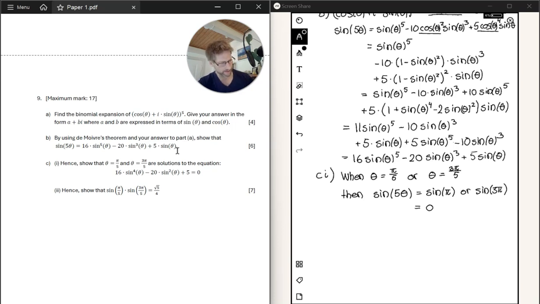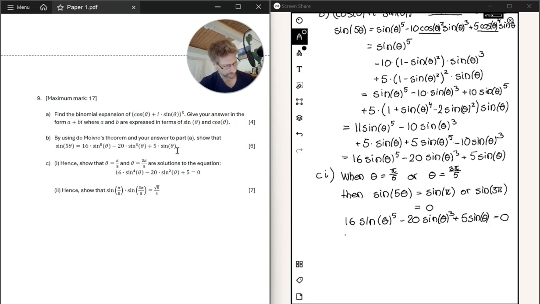And that means that thanks to what we have above, 16 sine of theta to the 5 minus 20 sine of theta cubed plus 5 sine of theta is 0.